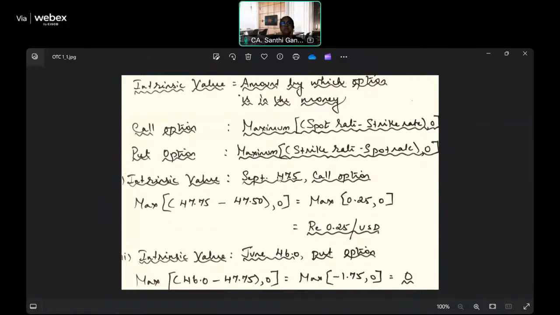Intrinsic value means the amount by which the option is in the money. For a call option, it would be maximum of spot minus strike. For a put option, it will be maximum of strike minus spot. Strike rate, exercise, both are same. So for a 47.5 call option, what it is? For a 46 put option, what it is?